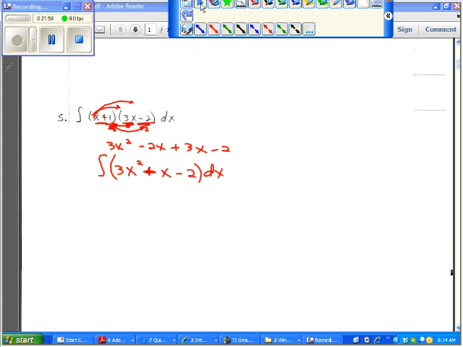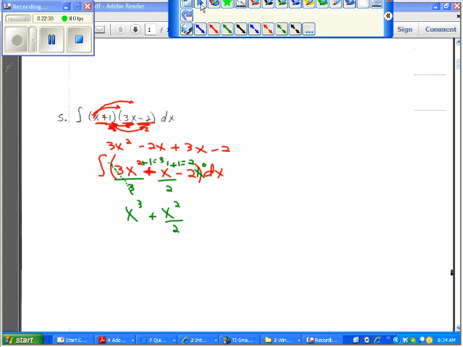The integral of the sum or difference is the sum or difference of the integrals. So again, you would add 1 and then divide by that new exponent of 3. And so if we can just maybe streamline now, those 3's are going to cancel, as you see, and we're going to have x to the 3rd. Here, we would take that 1 and add 1. That would give us a 2. We would divide by that same 2, and so that's going to give us an x squared over 2.